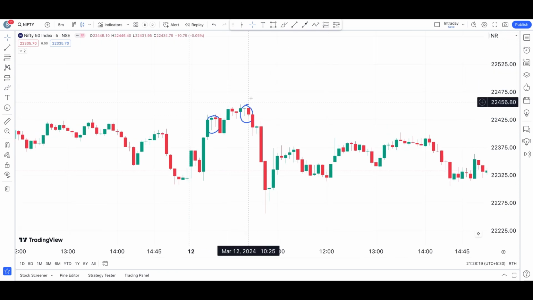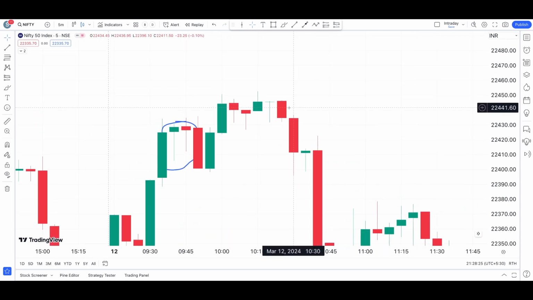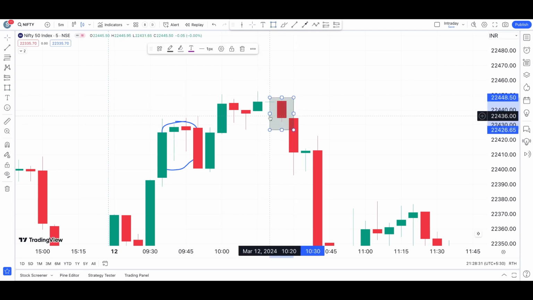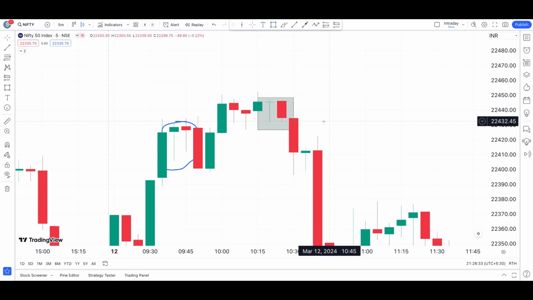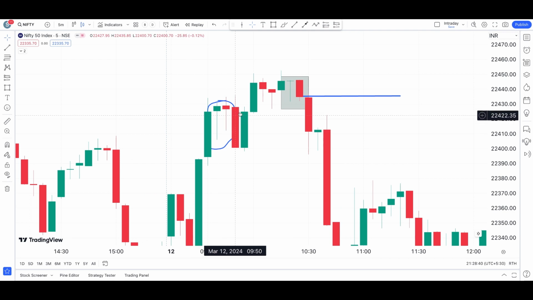If you notice these two candles closely, let me just zoom in a bit so that you can see it better. Now if you see the 1020 and 1025 candles, both of these are hanging man formations with a proper confirmation candle. So this is definitely a bearish sign, and this is coming after a caution that was given from this position.